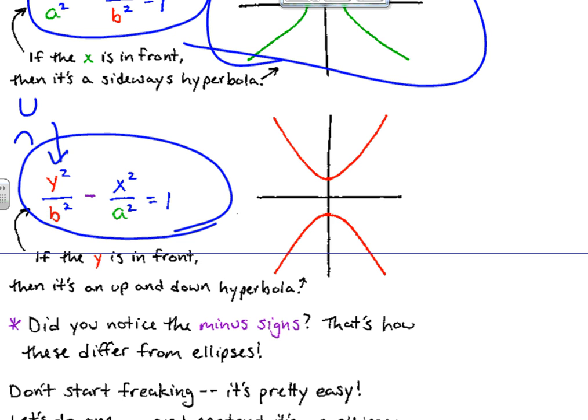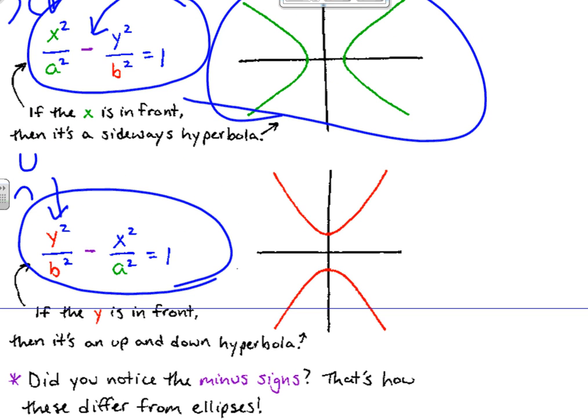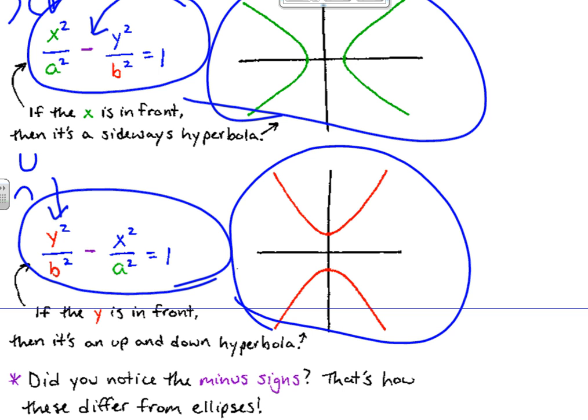So also think about the fact that x is horizontal on the horizontal axis. So that should make kind of a little sense that it would be sideways. And y is on the vertical axis, so it's going to go up and down. So that's something so that you can kind of know that's what's going to happen as we look at that.